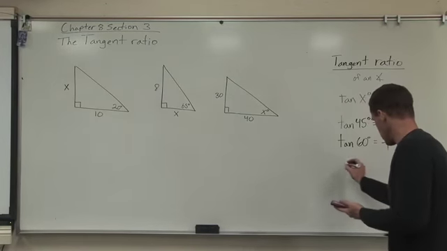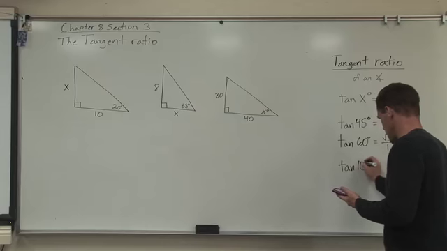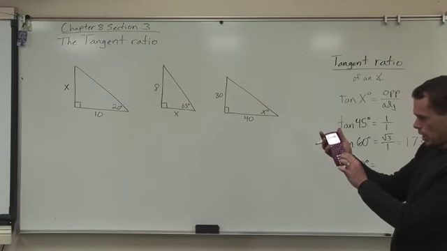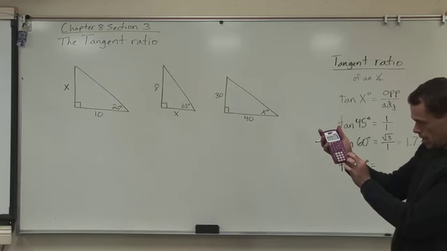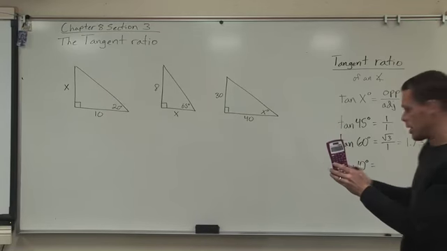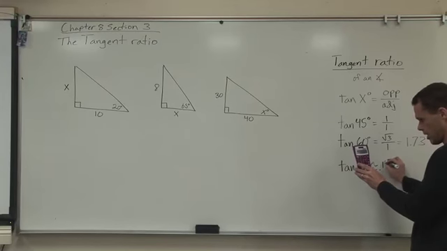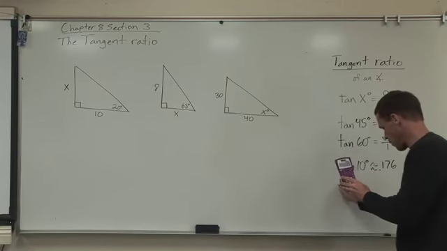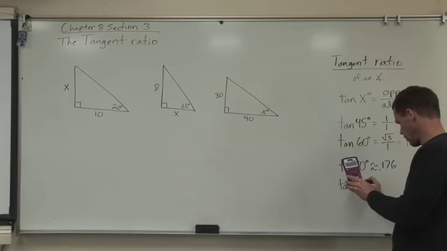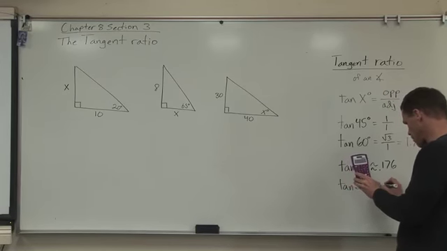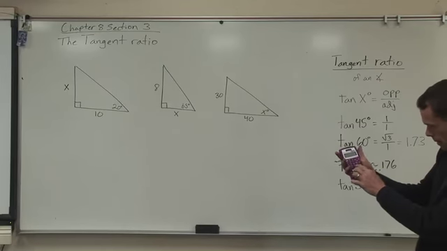I could ask, what is the tangent of 10 degrees? I'll punch in tangent 10, and I get 0.176. It's approximate, it's been rounded off. If I want the tangent of 37 degrees, let's find out.